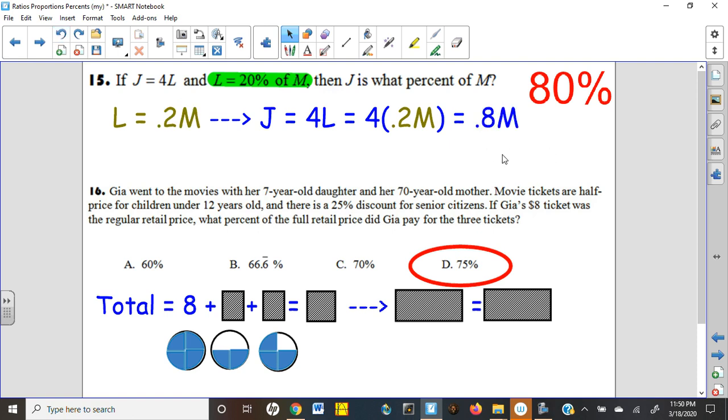So 0.8M tells us that J is 80% of M. And that's the answer, 80%.